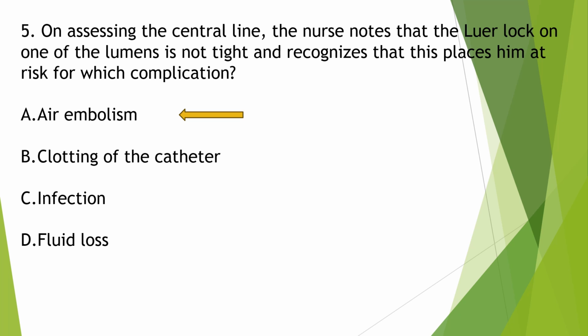And the catheter should be removed very slowly, and a sterile dressing should be placed over the insertion site, and it should be left in place for at least 24 hours. These are the points you should also be considering when we are taking care of central lines.